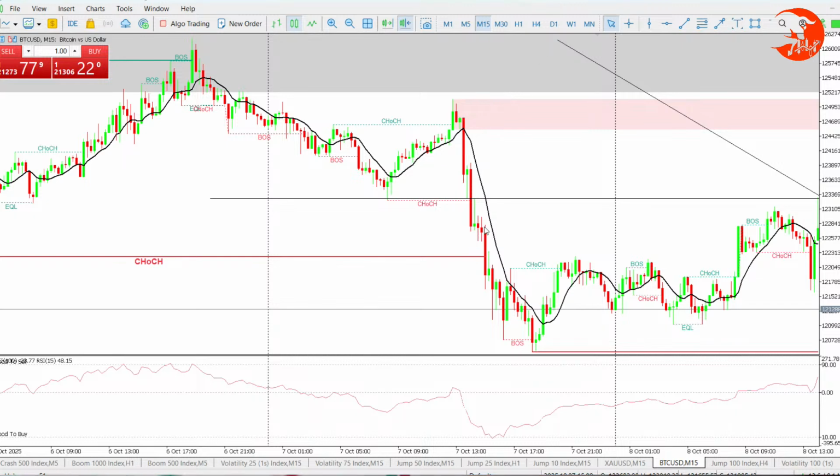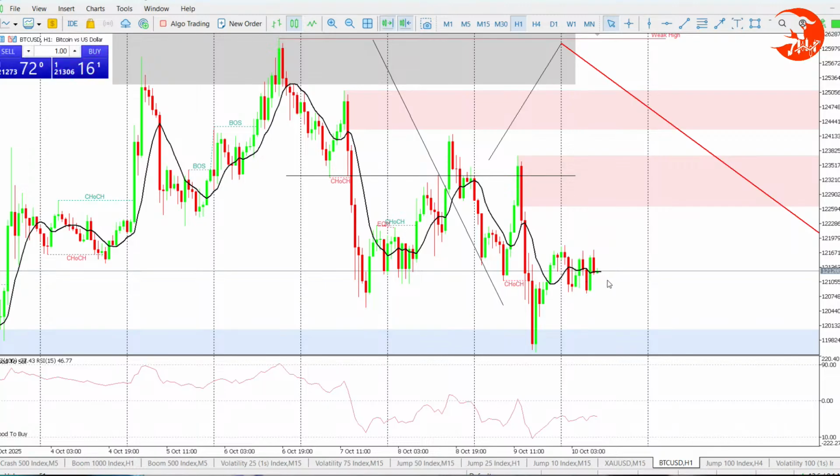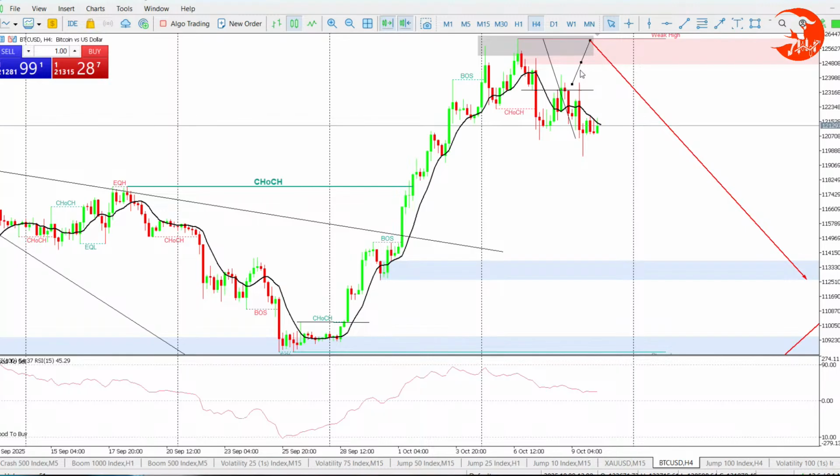So right now this is not necessary, so let's take it off. Let's delete that, and now let's go to H1. Before we go to H1, this is where we got a change of character according to H4. Right there we have a change of character, pullback there, then sells, but there is something holding these sells to continue.